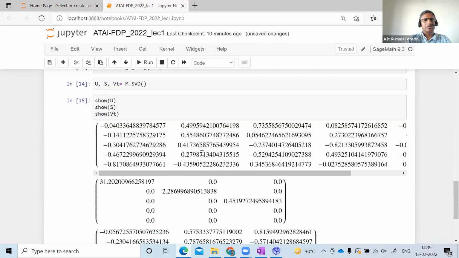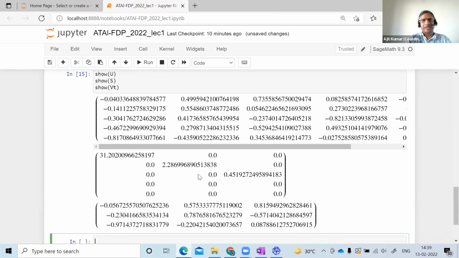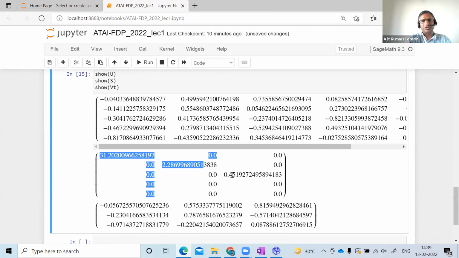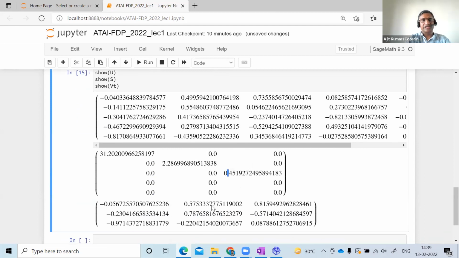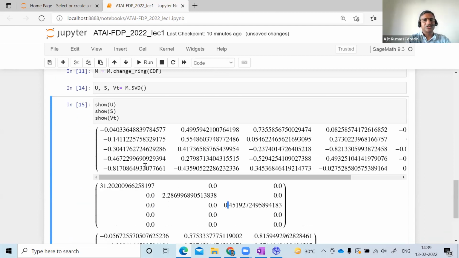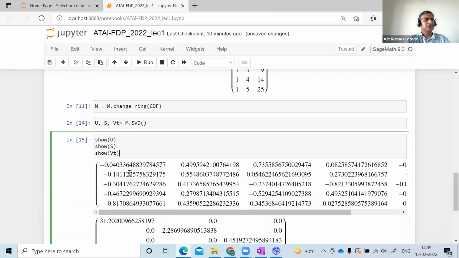This is my U, this is my S. You can see in this case there are three singular values, arranged as first 31, second 2.2, third this. So it is already arranged in decreasing order. This is V transpose.